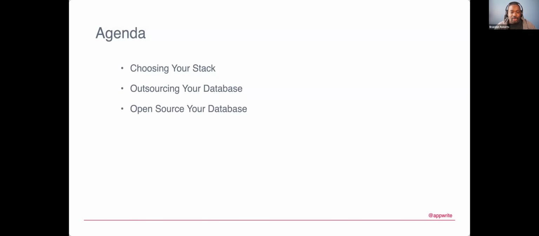We'll also talk about open sourcing or using open source for your database and the things around that. I'll talk about REST APIs and essentials that you'll need for building those. And also talk about how Appwrite fits into this picture and show you how those things come together.